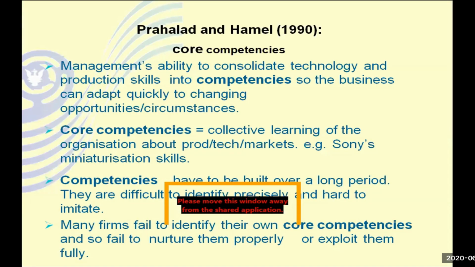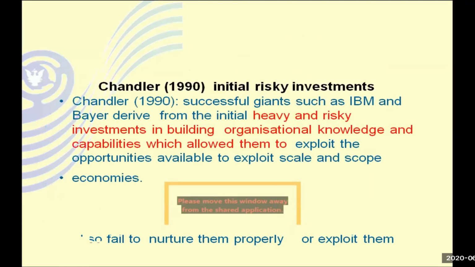So again, you can go through much about the works of these scholars. If you go into literature, you find a lot of interesting write-ups about these resources by these key players, including Chandler, the works of Chandler, very important.